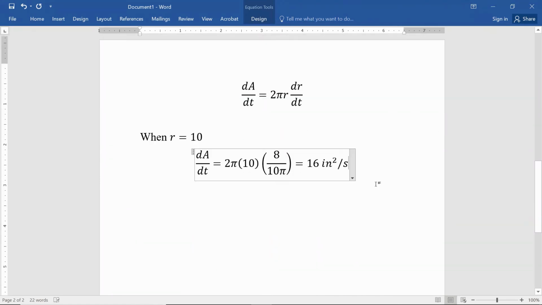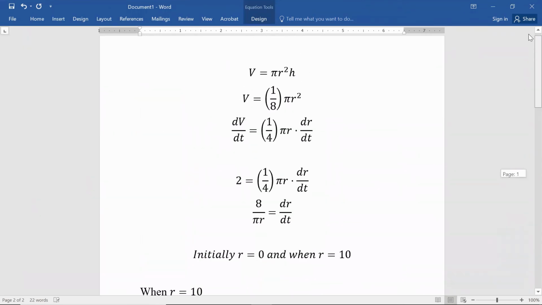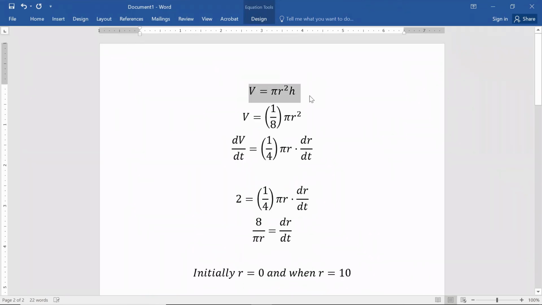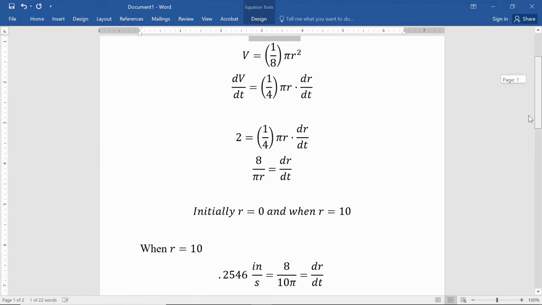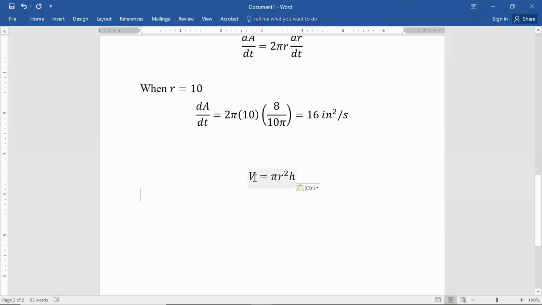Option 2 would have been noticing that in this initial volume calculation, we had volume equals pi r squared times h. That pi r squared is actually just the area of the circle.